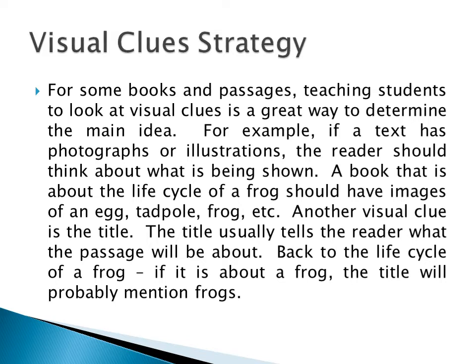For example, if a text has photographs or illustrations, the reader should think about what is being shown. A book that is about the life cycle of a frog should have images of an egg, tadpole, frog, or any other things related to the life cycle of a frog.